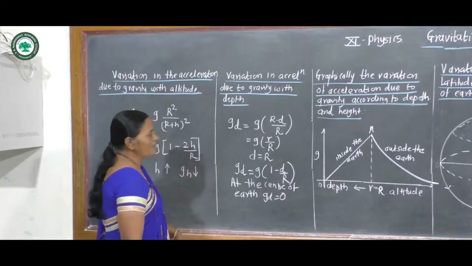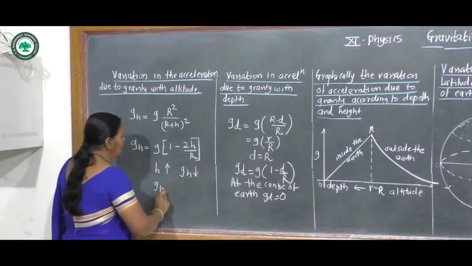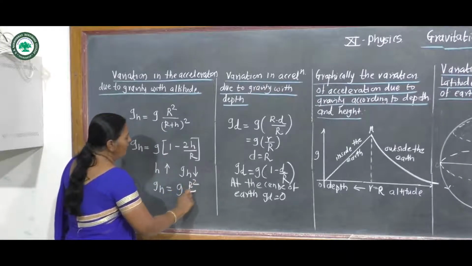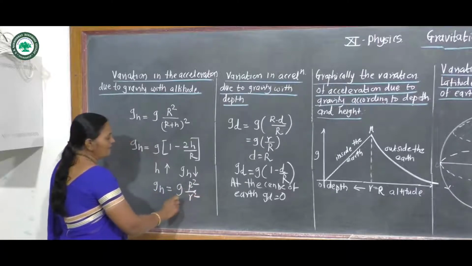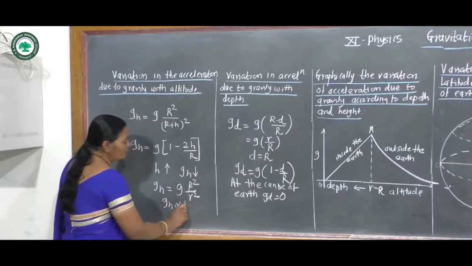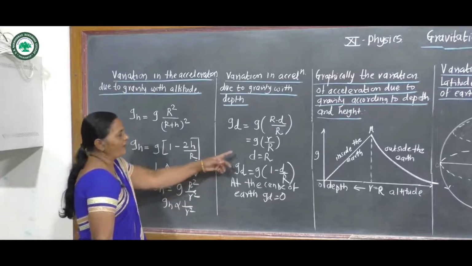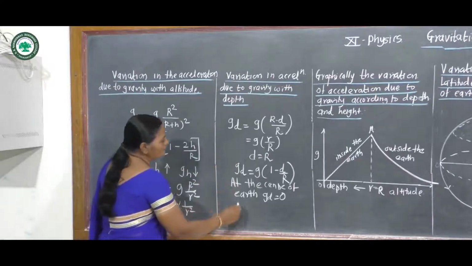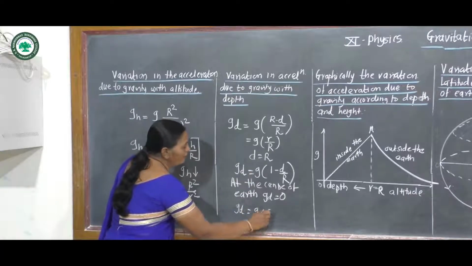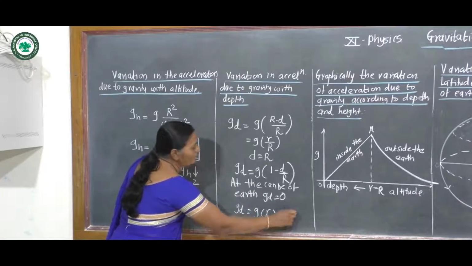Now we consider the functions. Here the function g_h is equal to g R² divided by (R + h)², so g_h is inversely proportional to r squared. Now we consider the function g_d, it is equal to g into r divided by R, or we can write g divided by R into r.